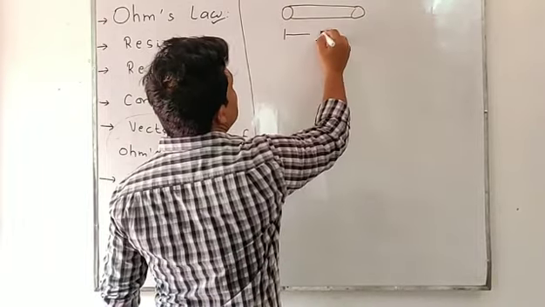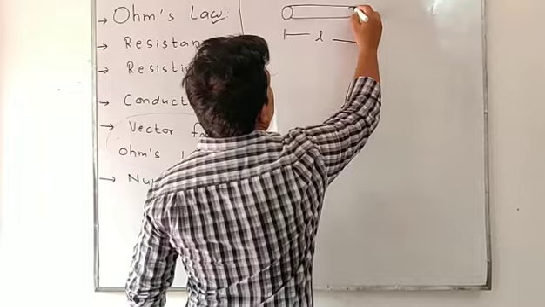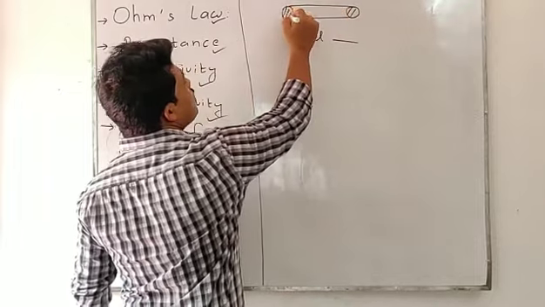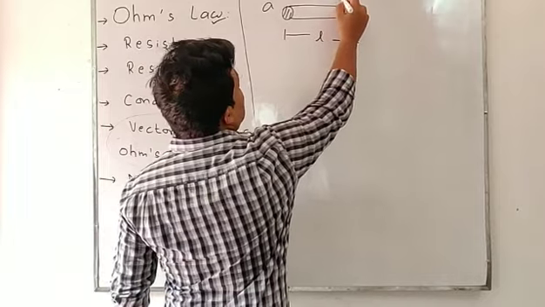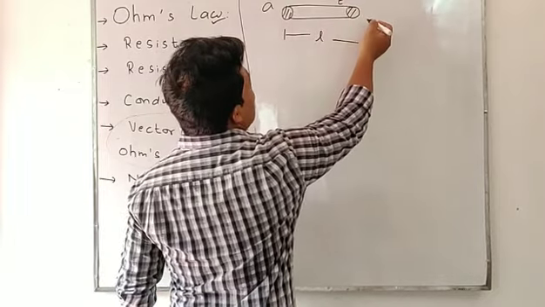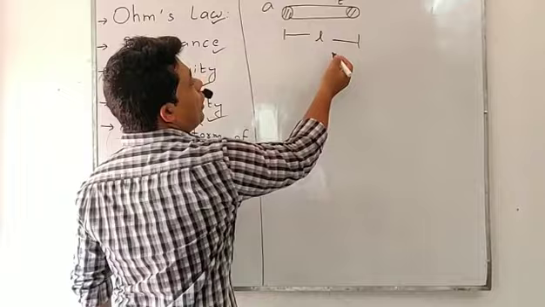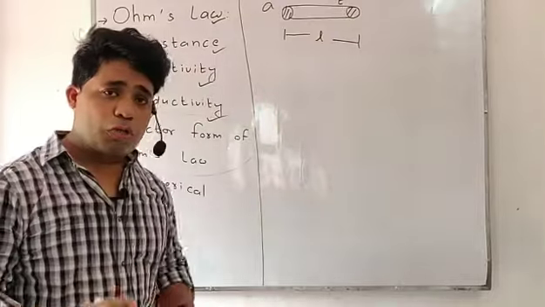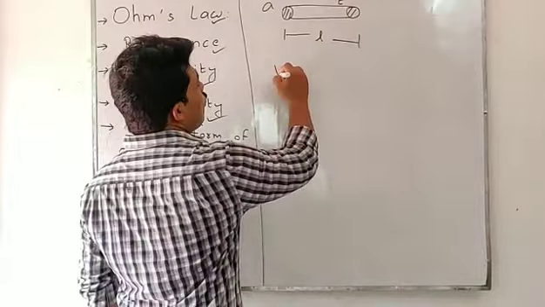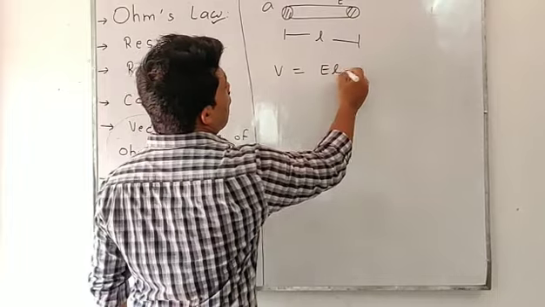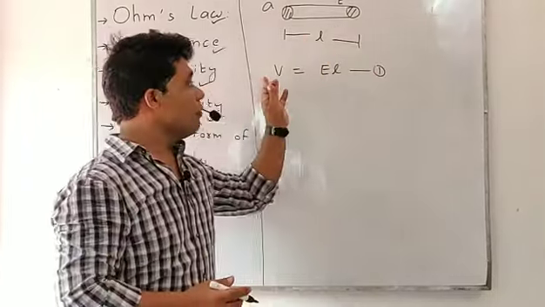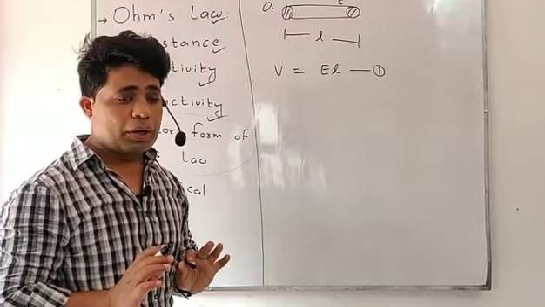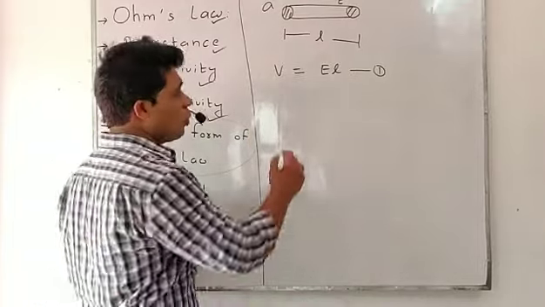Its length is L and its area of cross section is A, and E is the electric field applied at the ends of the conductor. In that condition, what should be the potential difference? V equals EL, where L is the length of the conductor, E is the applied electric field, and V is the potential across the conductor.